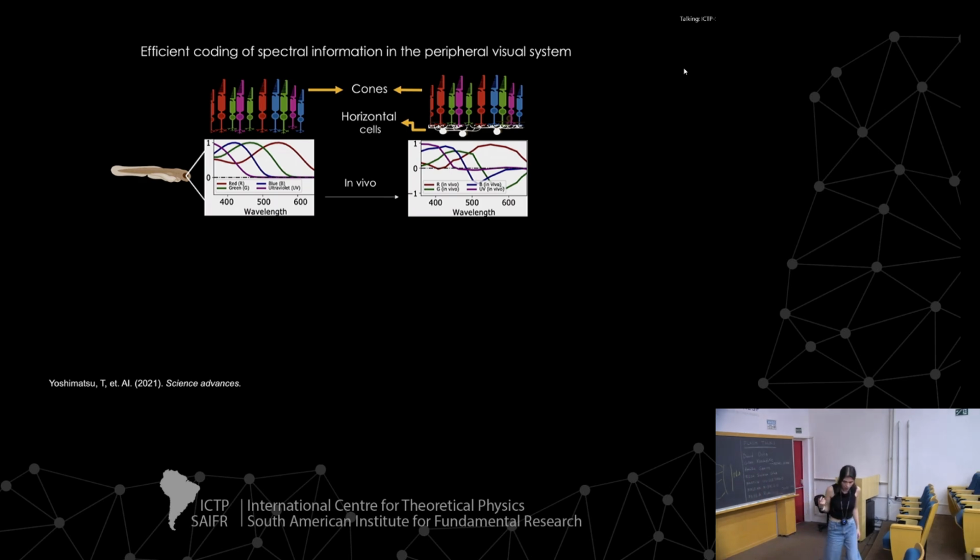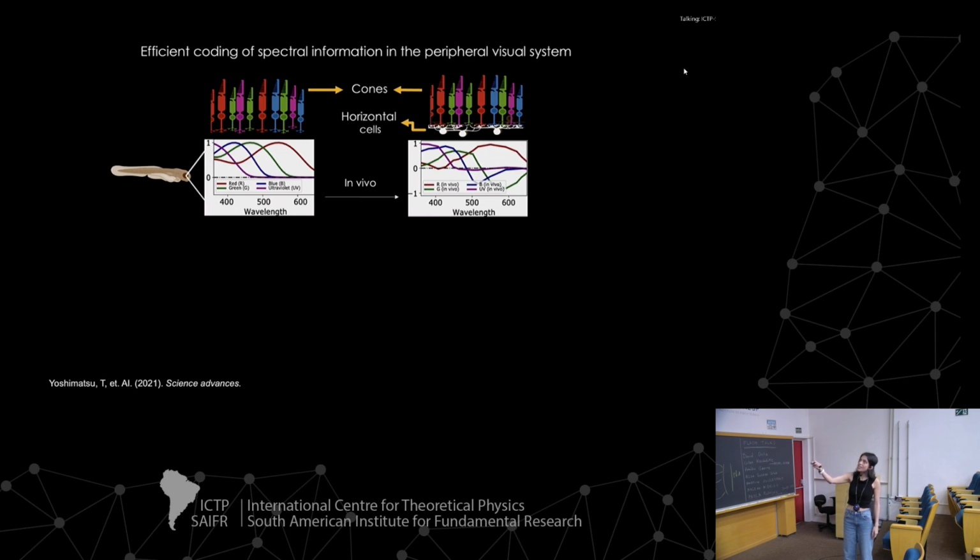And something important about color vision is that if you have, for instance, only one of these cones, you can't really tell apart light intensity and light frequency, right? For instance, if you have this cone here, you can have a specific response at this specific wavelength.